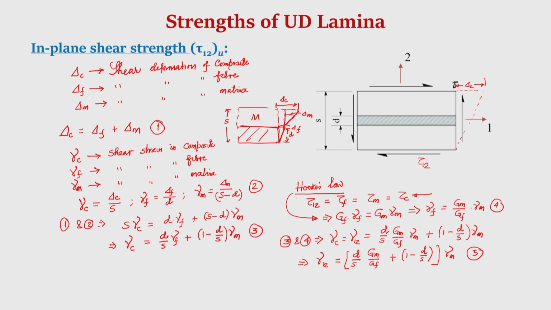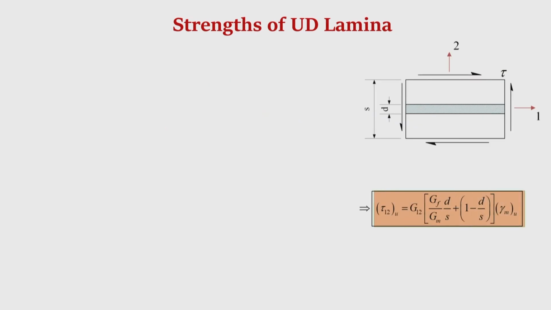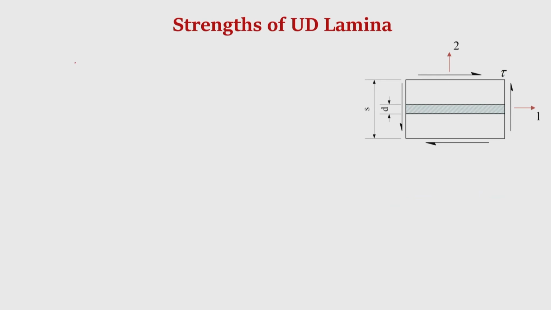Okay. Now, sorry, if we consider that the failure is due to matrix, meaning at failure the shear strain in the matrix reaches the ultimate shear strain of the matrix.